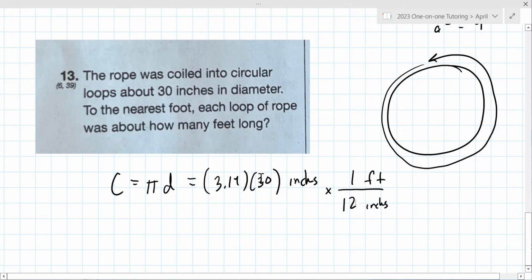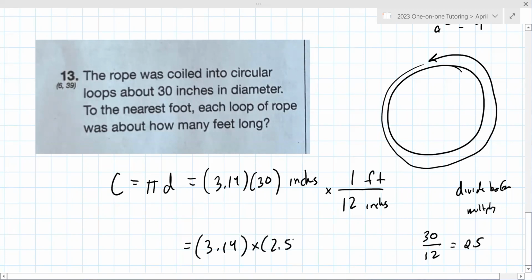So here's what I'm suggesting. It's probably better, and I've mentioned this a few times, to divide before multiplying. So you want to take 30 and divide it by 12. That's 2.5. And then that's what you want to multiply by 3.14. That will save you time because you don't have a calculator. You've got to do this by hand. Okay.